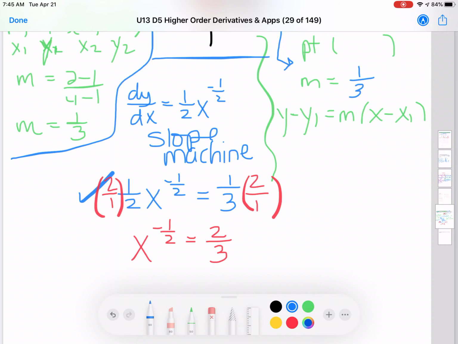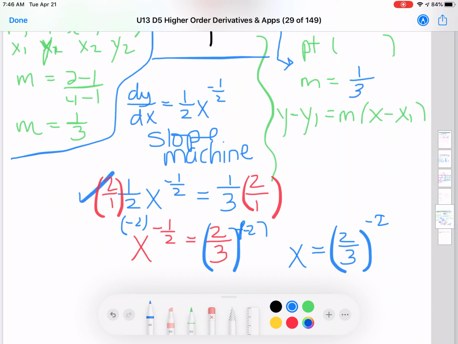We can raise both sides to the negative 2 power, and we get x equals 2/3 to the negative 2nd power.